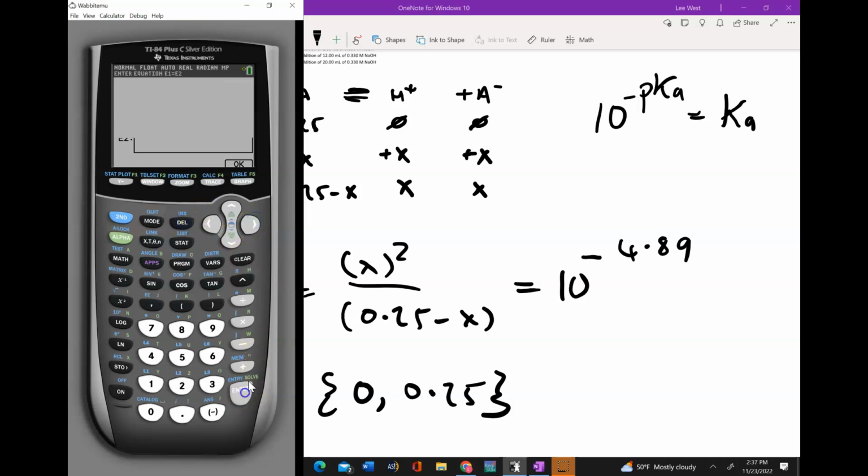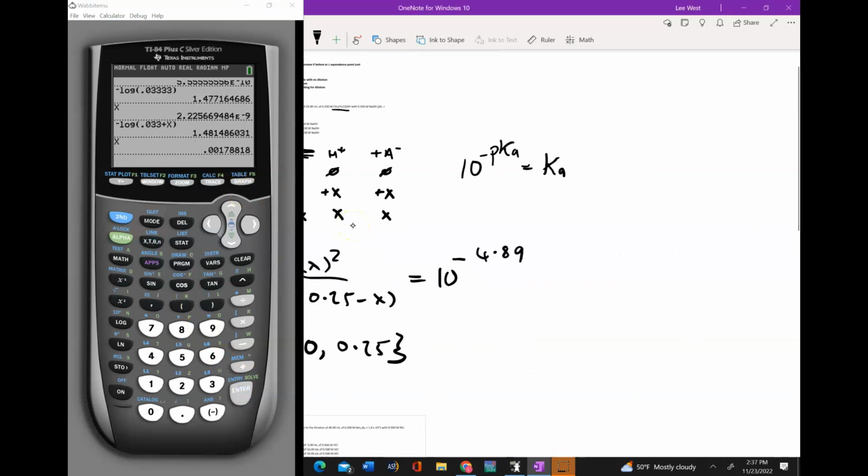Okay, good. I'm going to put my range in, 0 to 0.25. And then let's just put in 0.125. Okay, so that's that. Let's go ahead and solve it. And it worked. So we'll quit out of here. And there's my value for x.